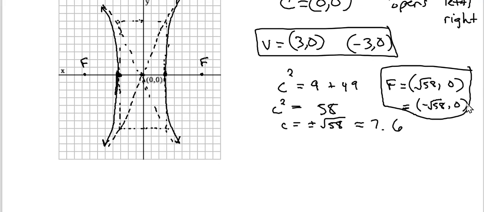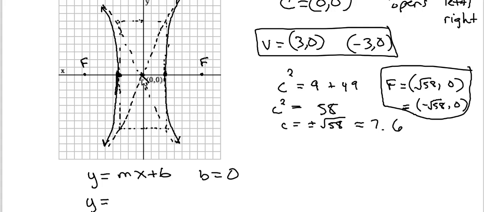These are actually not too bad when the center is at the origin, because remember, if you're looking at y equals mx plus b, both of these lines go through the origin, so b will be 0. That's the y-intercept of these lines. The slope, that's why I like this rectangle. Rise over run, right?